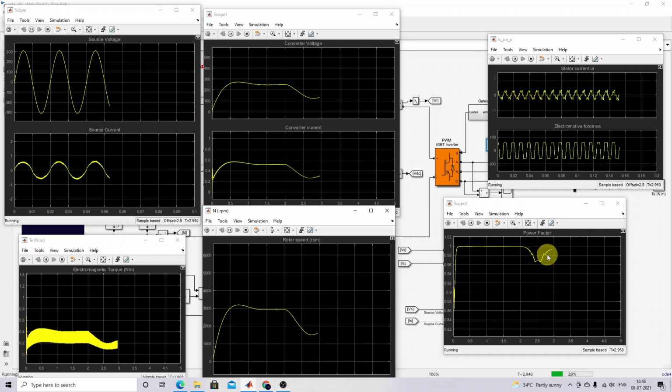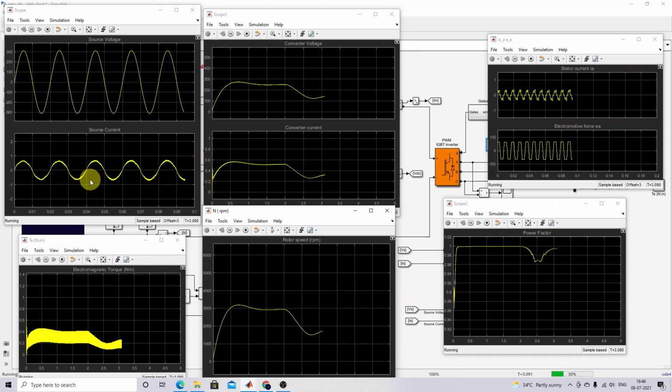So you can see the power factor goes to near unity, and the source current is also sinusoidal. So even for changing reference voltage, the power factor is maintained around unity.